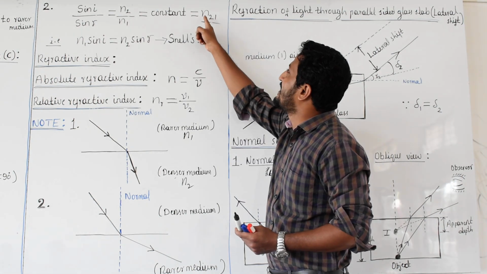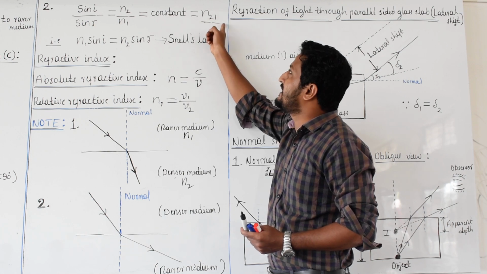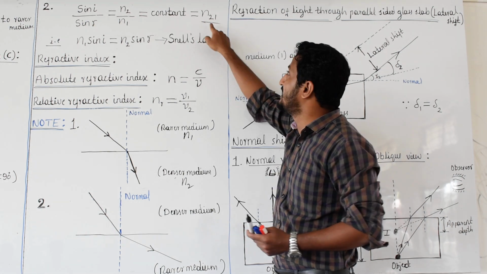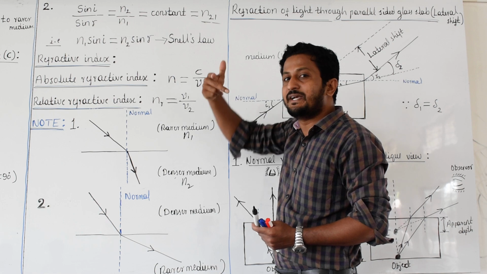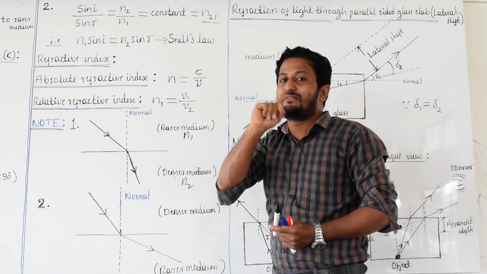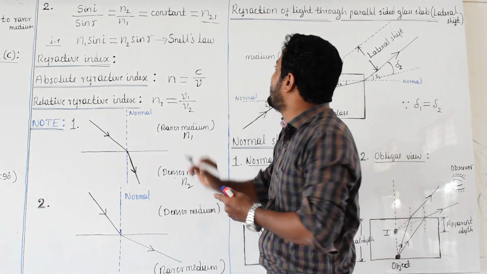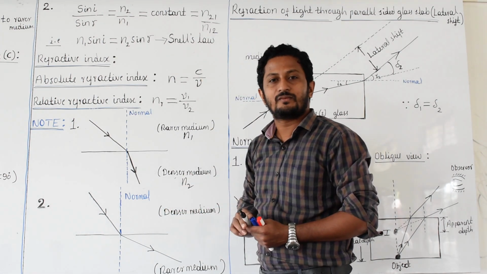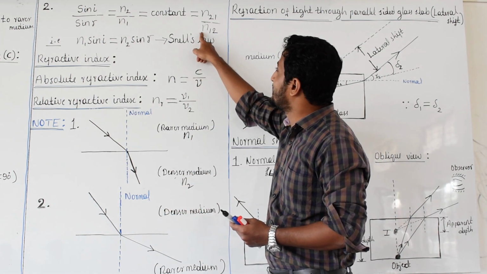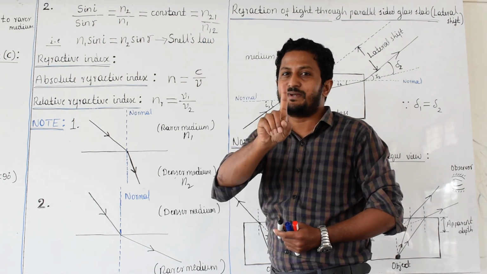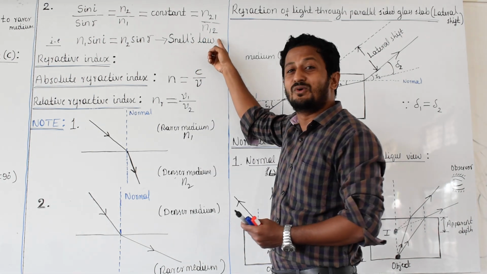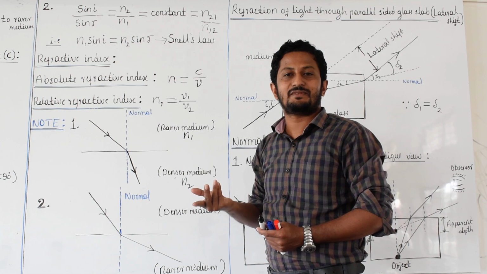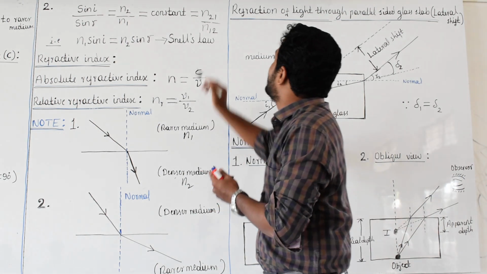Now N21 means speed of light in the second medium with respect to the first medium. If it is like this, N12 is the speed of light in the first medium with respect to the second medium. You are comparing.